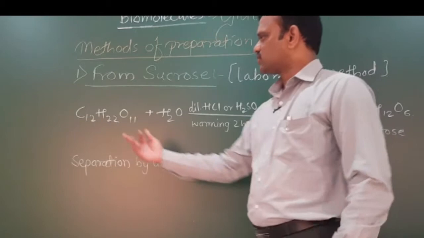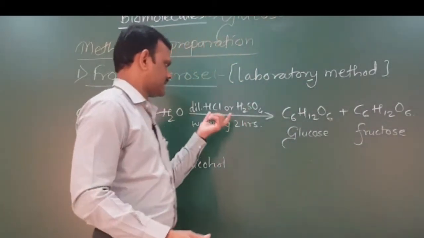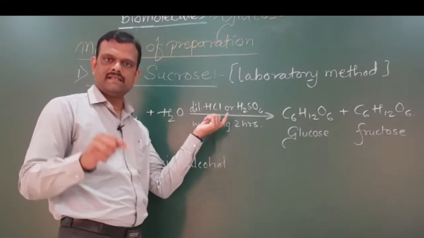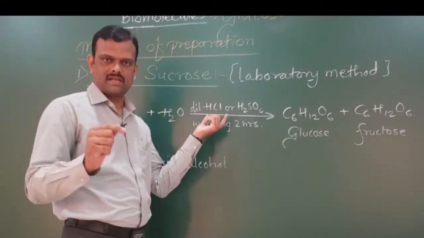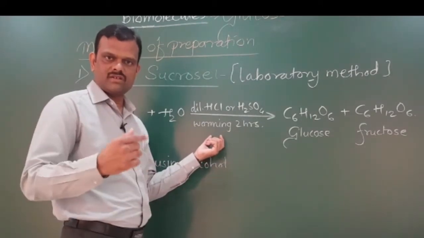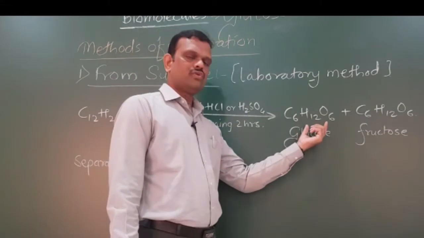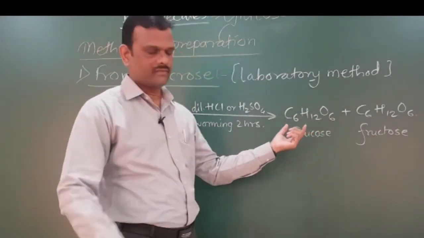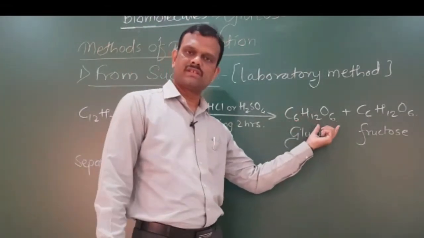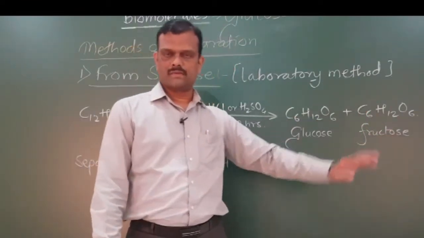This sucrose undergoes hydrolysis in presence of this acid, therefore this is an acid catalyzed hydrolysis reaction. On refluxing the solution for 2 hours, hydrolysis is carried out, and you will get two molecules of the same molecular formula, that is C6H12O6. One molecule is glucose, another one is fructose.